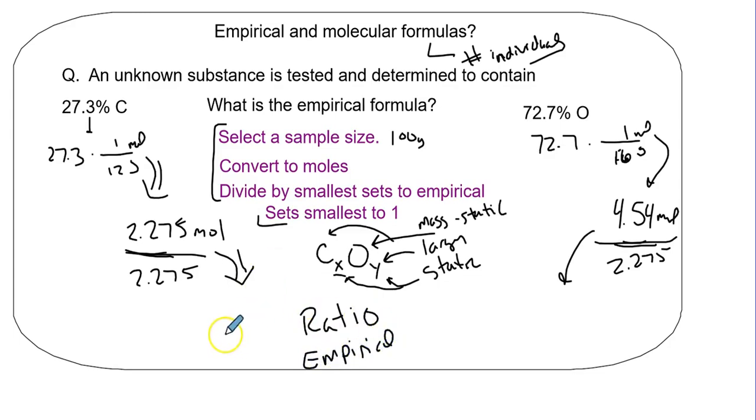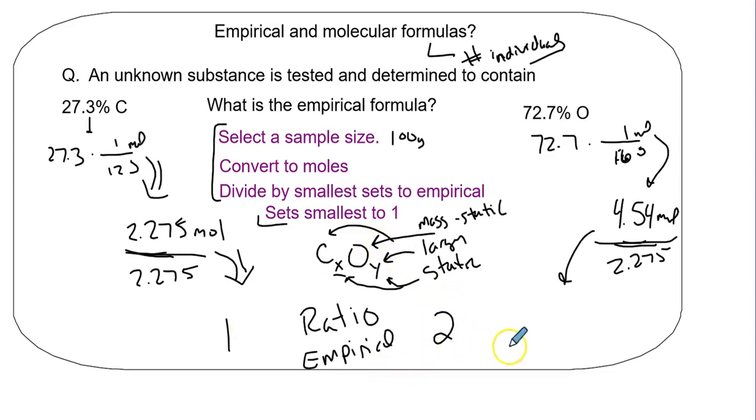Empirical, because this is 1, and I can't get any smaller than that. 1 to what? 4.54 divided by 2.275 equals 1.9996, or essentially 2.